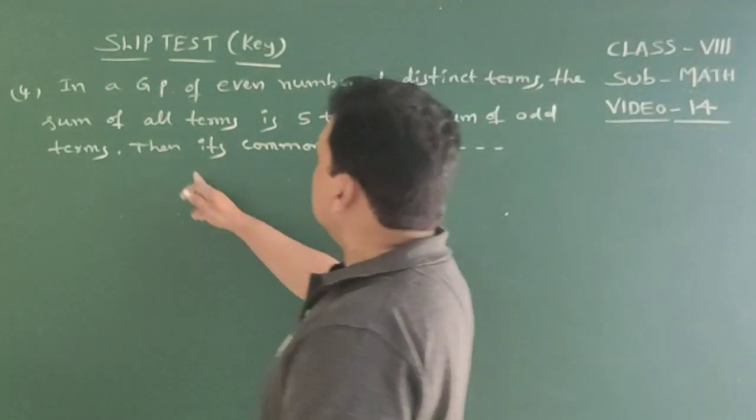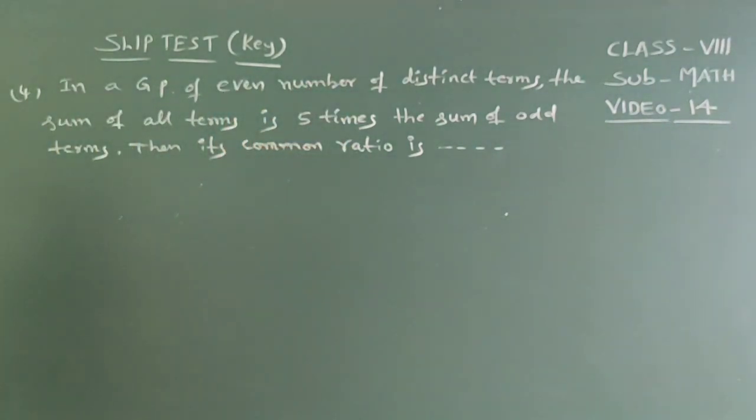Okay, here a GP of even number of distinct terms they give. For example, 10 terms are given. First term, third term, fifth term, seventh and ninth terms are odd terms. Like this. That's why even number of terms they give.